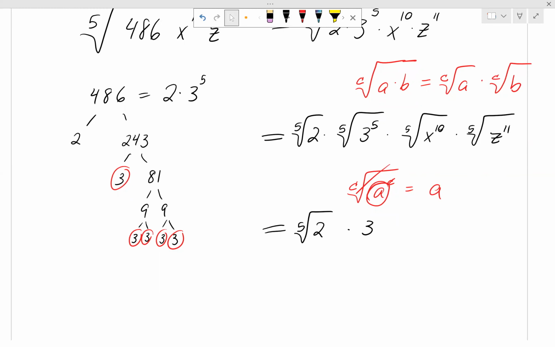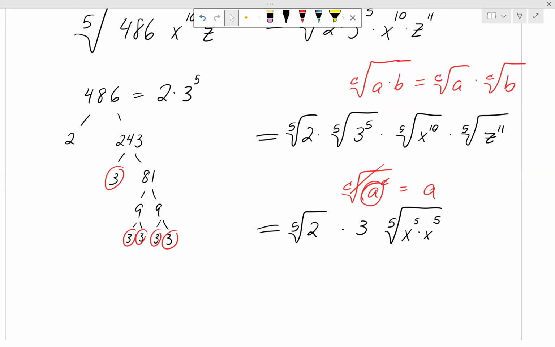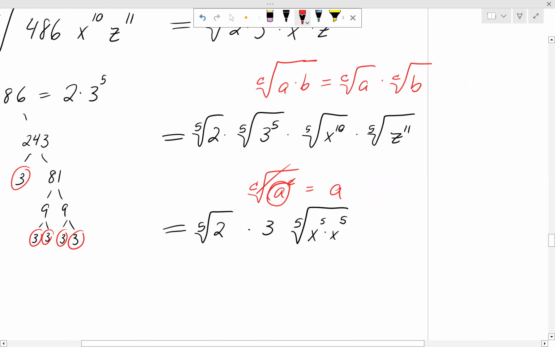This x to the 10th, I'm going to rewrite as x to the 5th times x to the 5th, because another property of exponents is that a to the b times a to the c is a to the b plus c. I'm using it backwards.